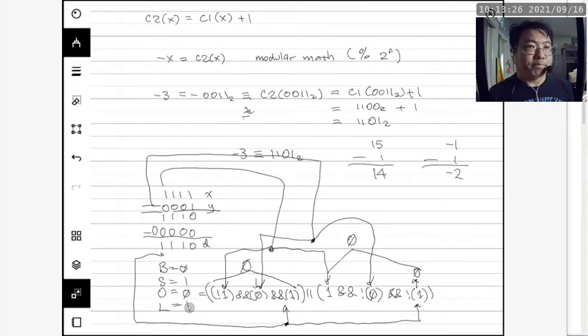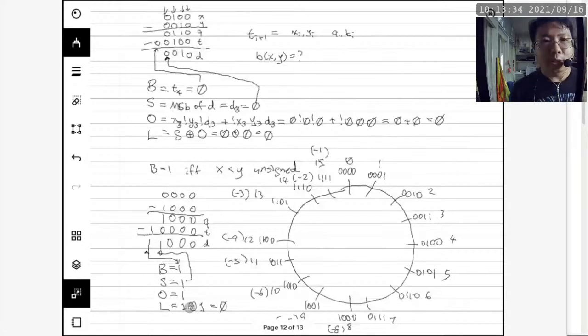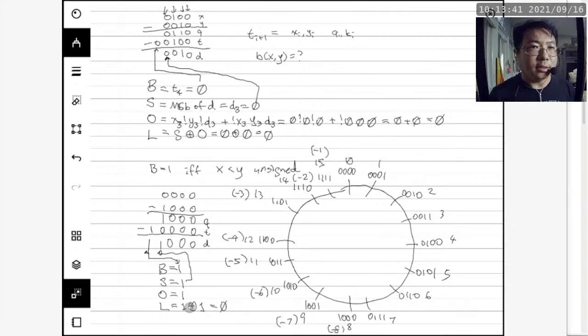Okay? So the next question is, how do we tell whether a number is negative or not? When we go look at the number circle, do you see a pattern? All the bit patterns that have a quote-unquote interpretation of a negative value, what is common to all of those particular bit patterns?